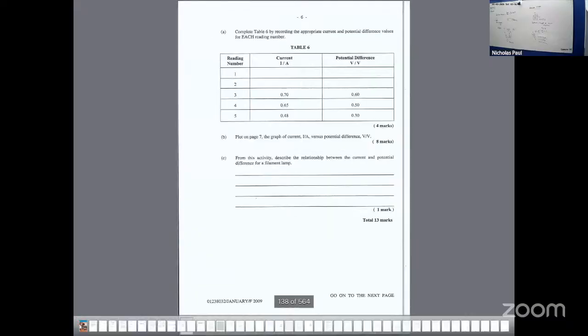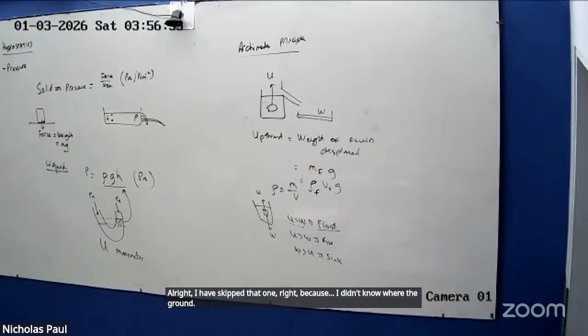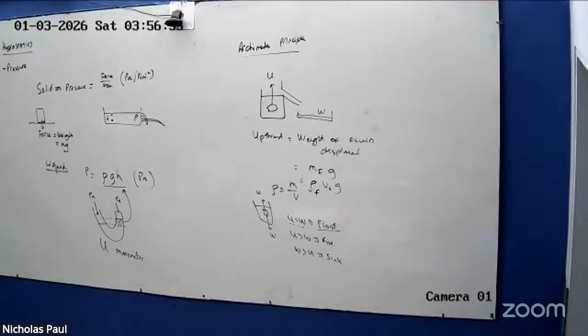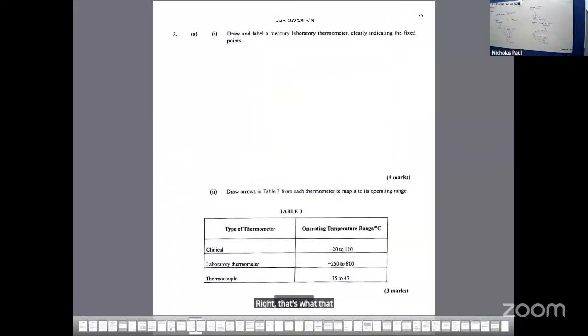I had to skip that one, right? Because I didn't realize it was a graph. Let's go back to topic by topic. Right, let's go to hydrostatics.